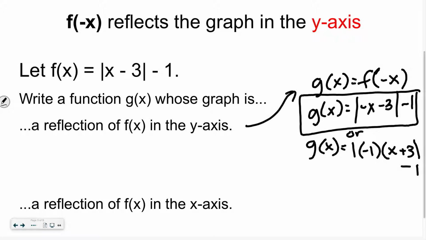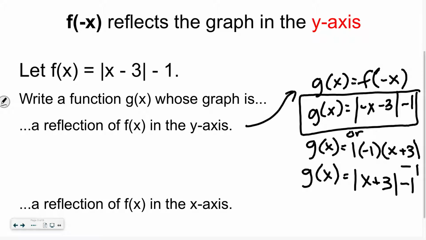And with absolute value, the absolute value of this negative 1 factor is always going to be 1, right? So I could then simplify it to be g of x equals the absolute value of x plus 3 minus 1. If you went on Desmos and you graphed these, these are going to be the same graph.